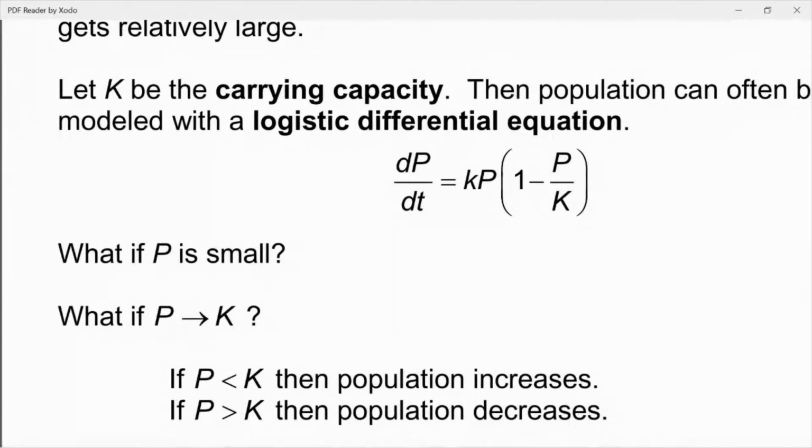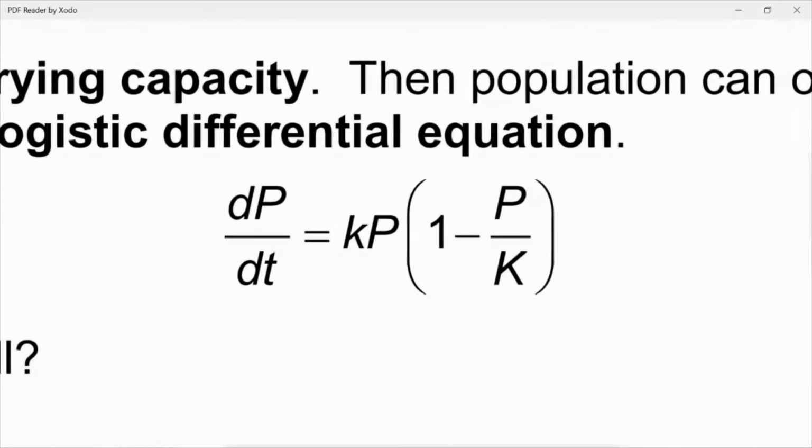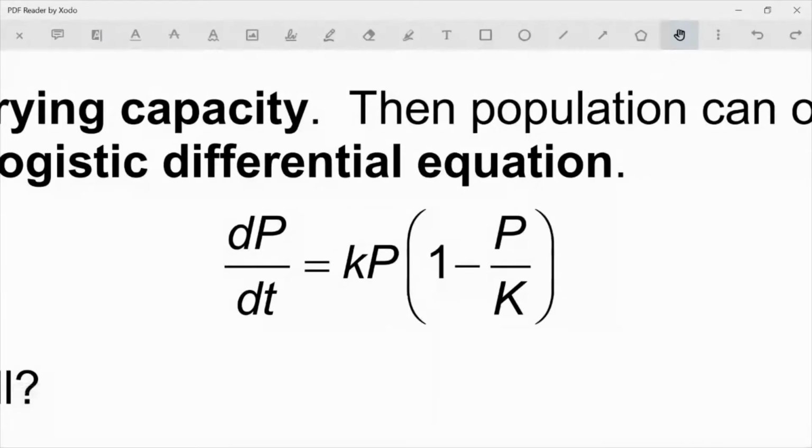Now looking at this differential equation, it says, what if population is small? If the population was very small in relation to the carrying capacity, p divided by K would essentially be 0, and we would just have a population growth of k times p.